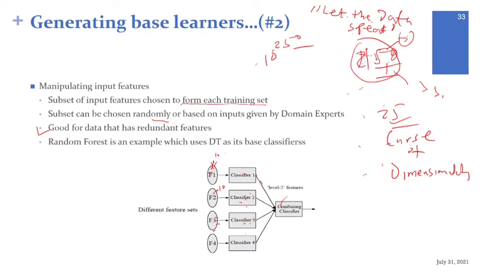So when we want to use it, we don't want the two of them together. But we can use age when we are building classifier 1, and then we can use date of birth when we are building classifier 2. That is the difference. So when you have redundant features, this kind of manipulation of input features is a good way of building base learners.